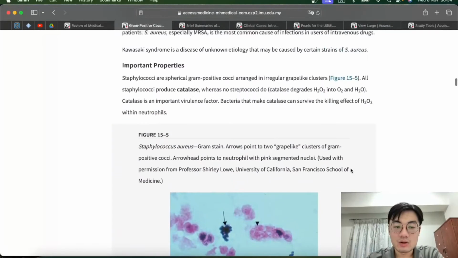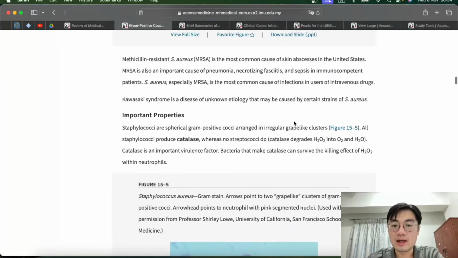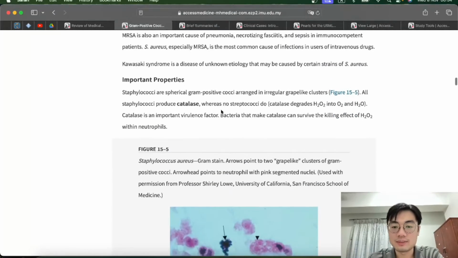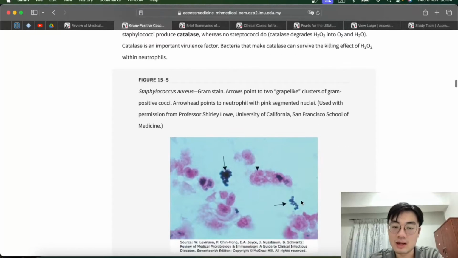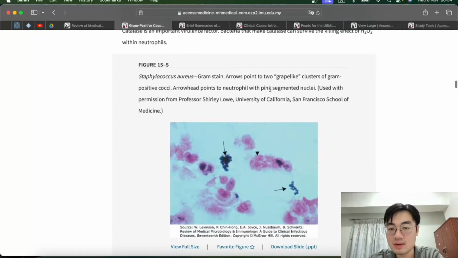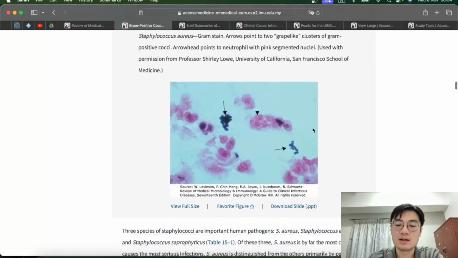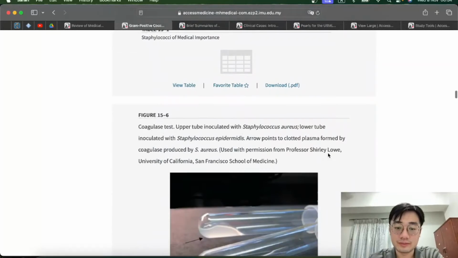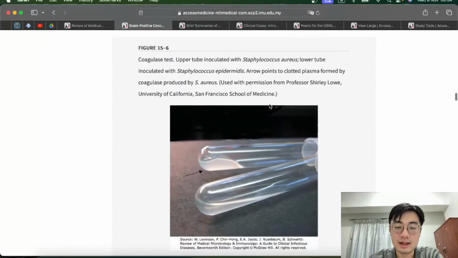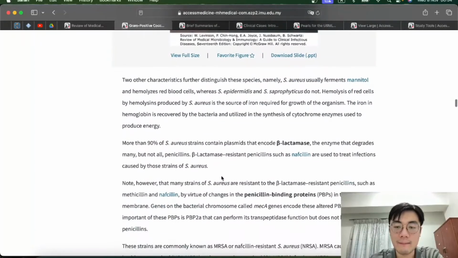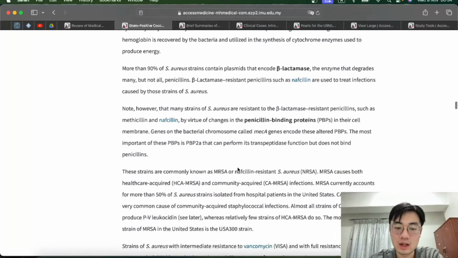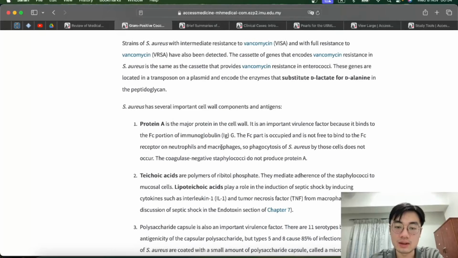Then it also moves into how do we identify the bacteria. So like here, it produces catalase, and then under the microscope, how does it actually look? It's gram-positive cocci, grape-like structures, and then the laboratory tests. So like where you get coagulase positive, and then they also go into the treatment.